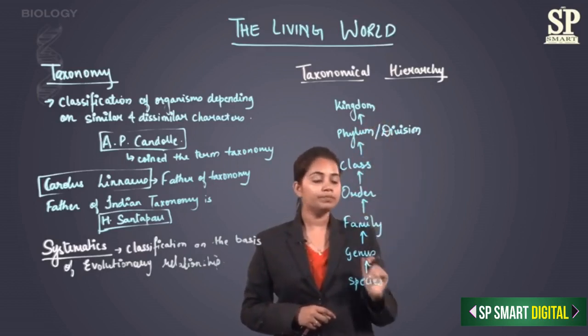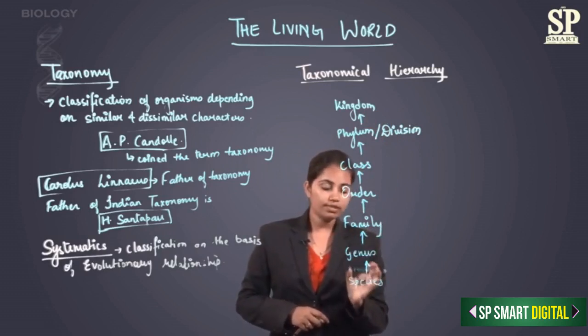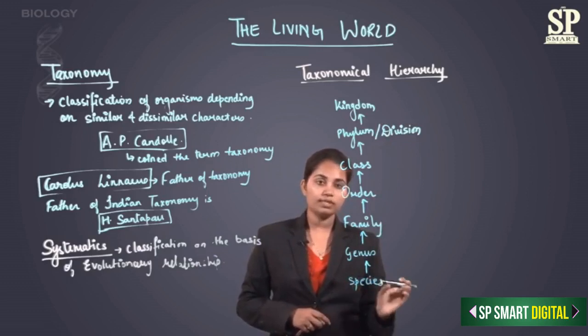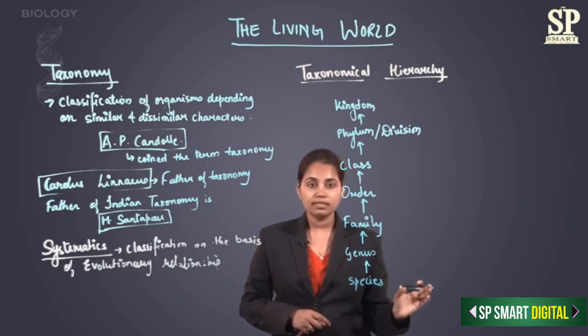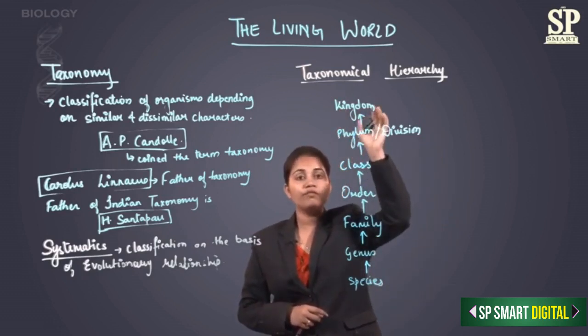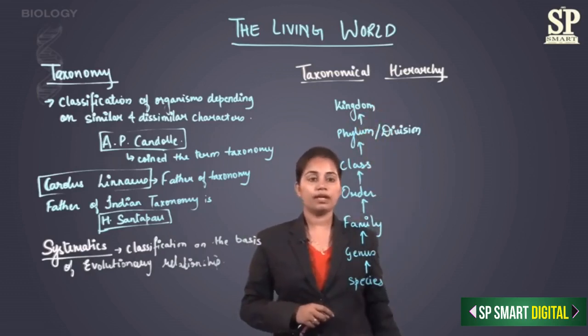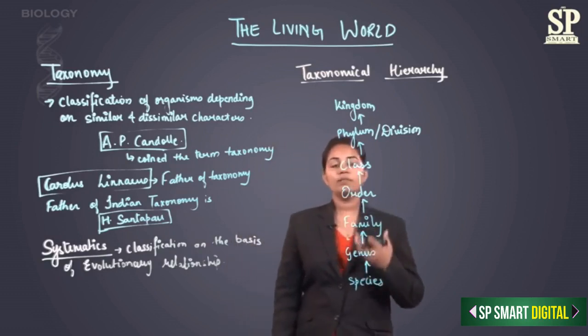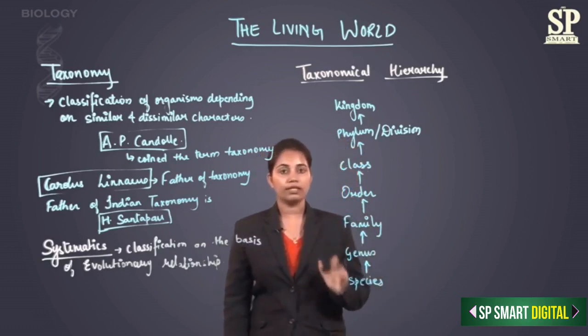The first step, species, has organisms sharing more similar characteristics and fewer dissimilar characteristics, and at the topmost kingdom I have more dissimilar characteristics and fewer similar characteristics. So as we move up the hierarchy, my similar characteristics go on decreasing, right?